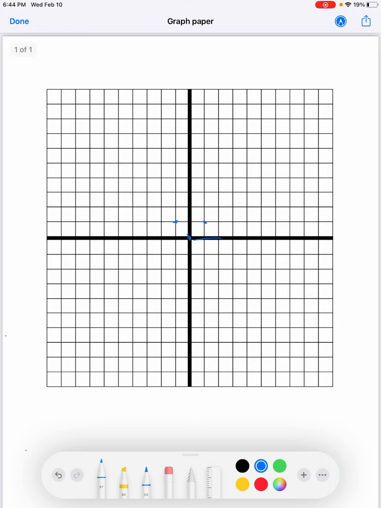So if we have 2, then the y is going to be up here. And then 4 here, and then when we go to 3, we get up to 9, so all the way up here, and then here.